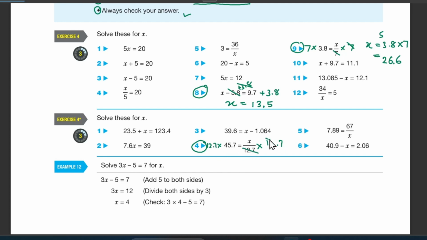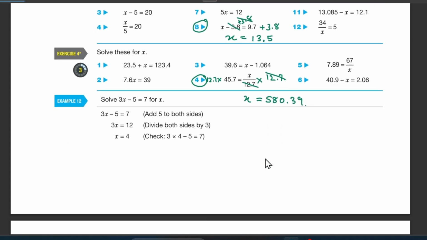So these two cancel out. So now I can get the answer. 12.7 multiplied by 45.7. That's 580.39.